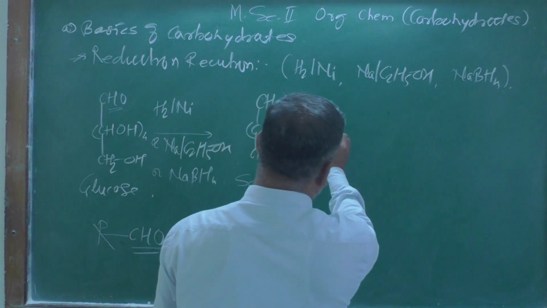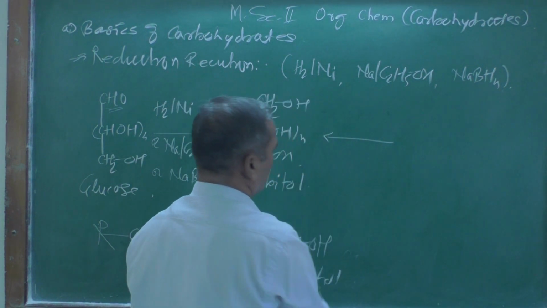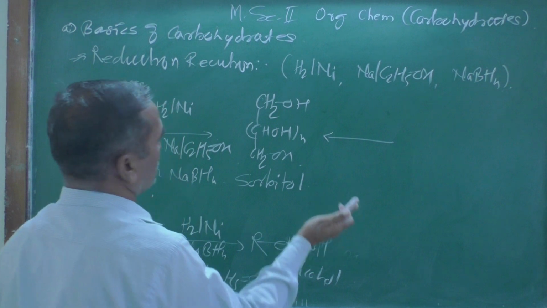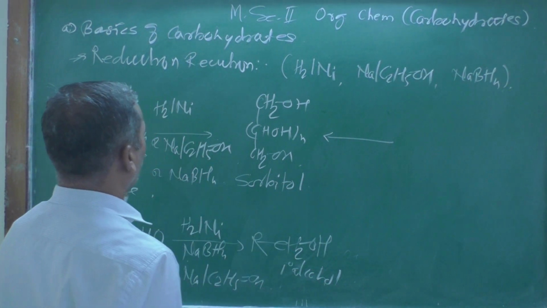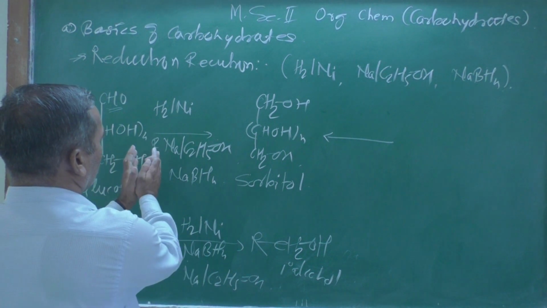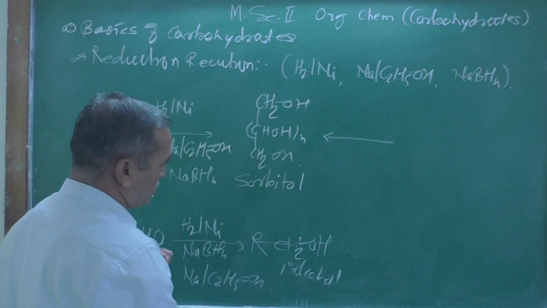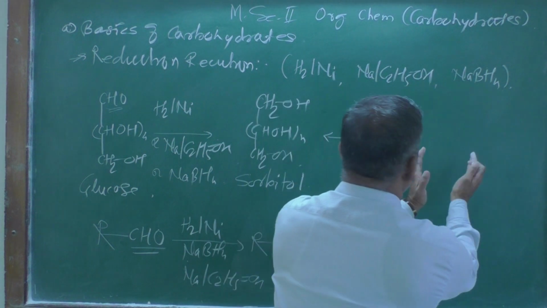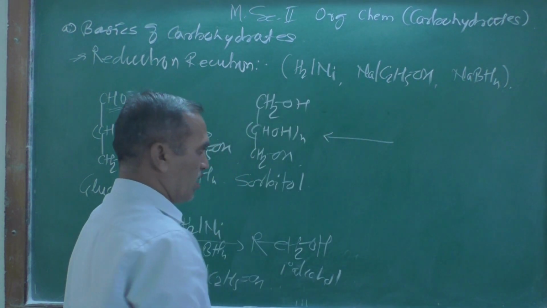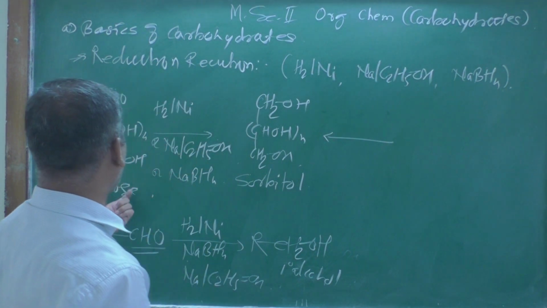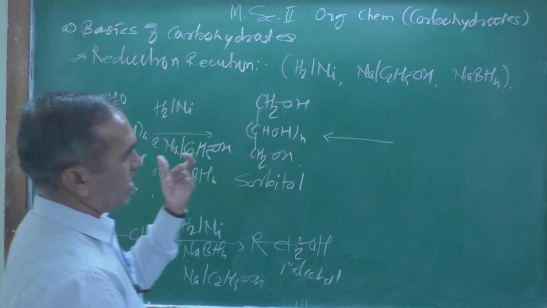As we know, this arrow is a backward arrow, and this one is a forward arrow. The forward arrow indicates that this reacts to give this product, sorbitol, and this is going to react to give this one. Which one am I talking about? Glucose and fructose.